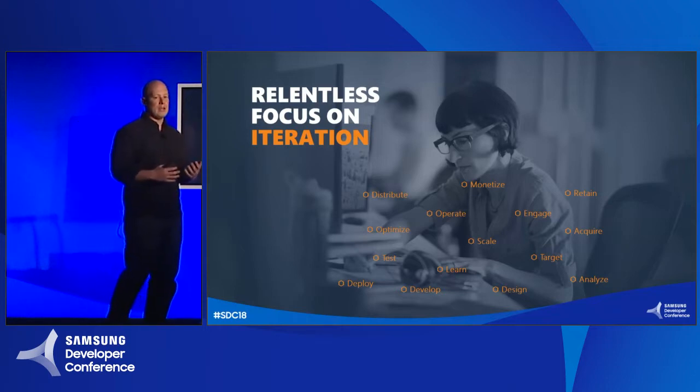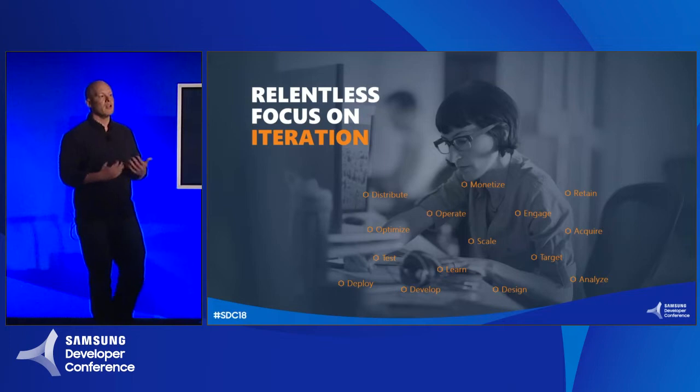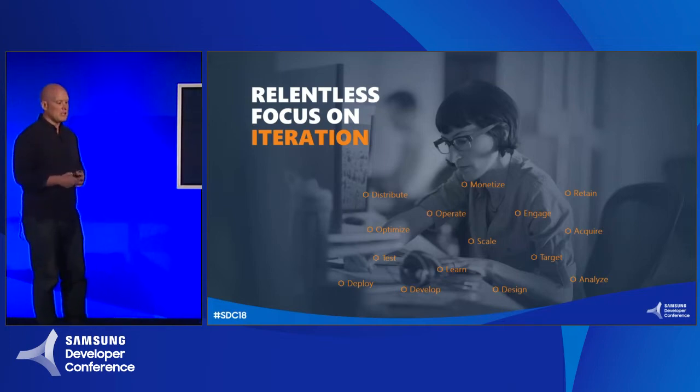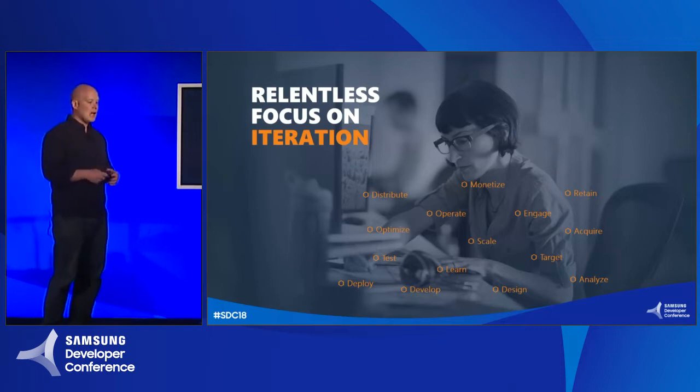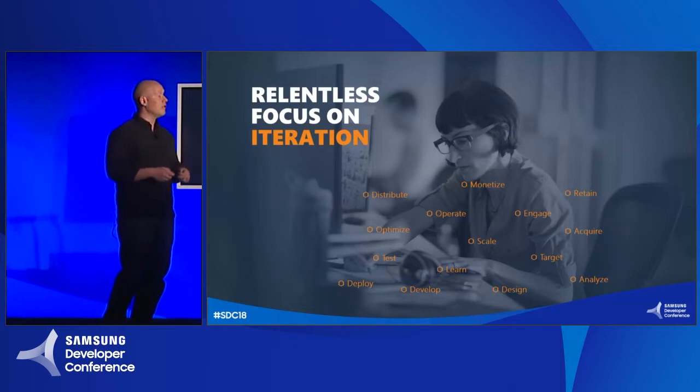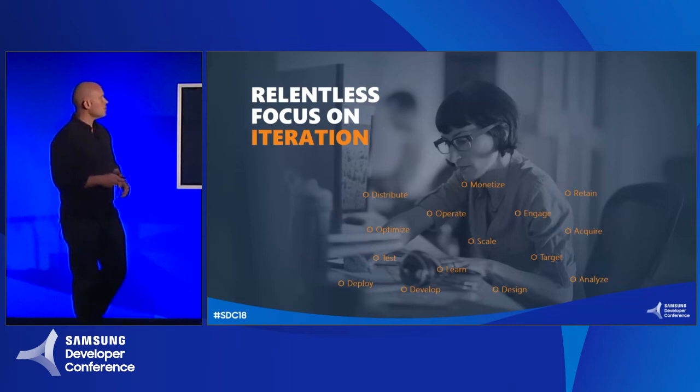You have to launch quickly. You have to build new features. You have to understand what your players want, what they don't want, and focus on those things that are driving engagement and monetization of your players. You do this by things like testing, deploying regularly, and doing quick iterative design and development.